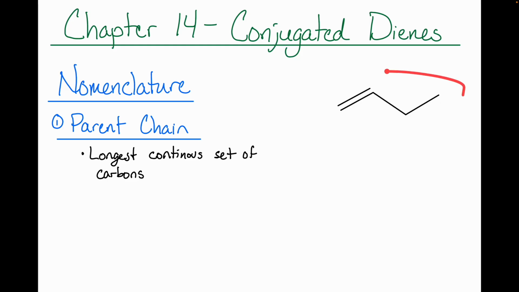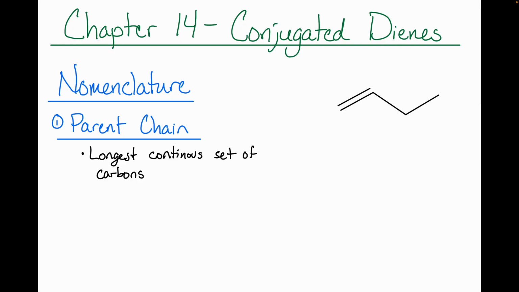So we're going to start with a simple alkene here, and we're going to go through the steps that we laid out, I guess, 2 weeks ago for our nomenclature, and we're going to update those rules. First, we said that we're going to find our parent chain in our molecule, our longest continuous set of carbons. So we have to update this.